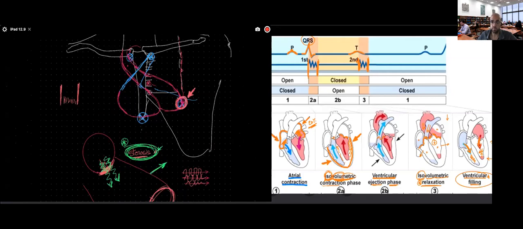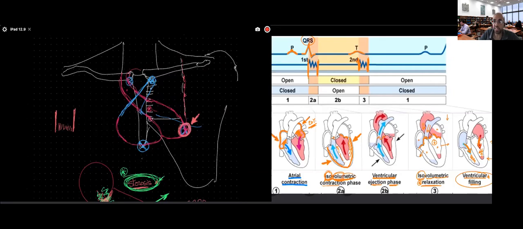This is what you should know. What else? You also need to know where you can hear each of the four valves best on the chest of a person. So we did mention one of them so far. Mitral valve, you hear it best at the apex of the heart.